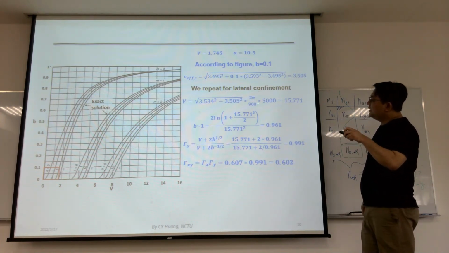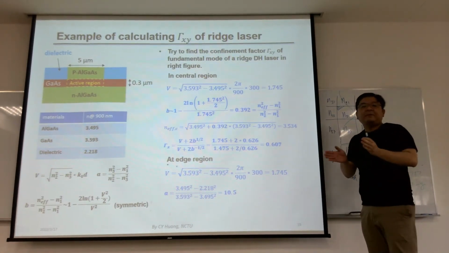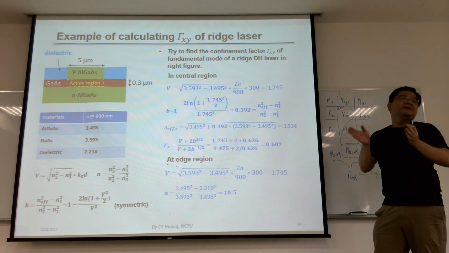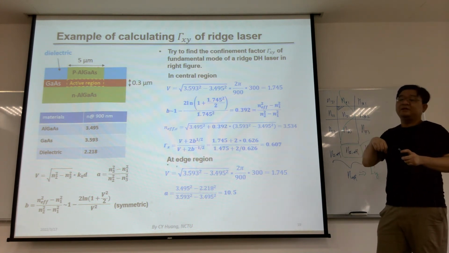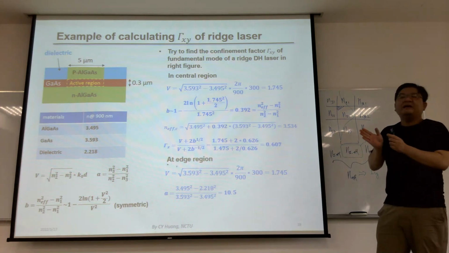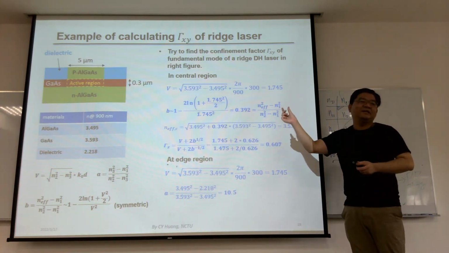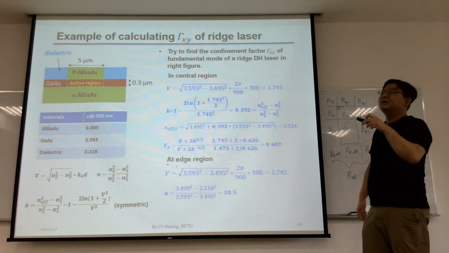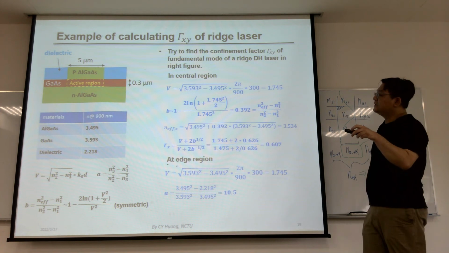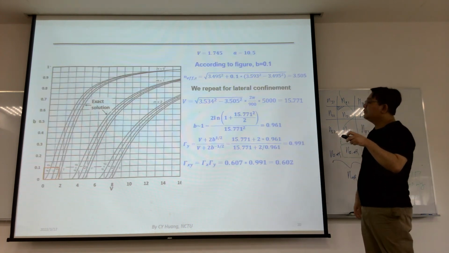You get a V because the ridge width is 5 micron. 5 micron is already pretty tight for conventional contact lithography. So usually you cannot have a 300 nanometer wide one. That is already a semiconductor level process, which doesn't happen in the common semiconductor laser diode. So 5 micron or 2 micron at the most is already pretty narrow.